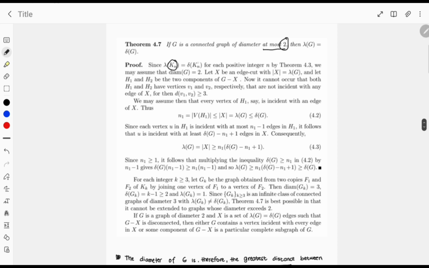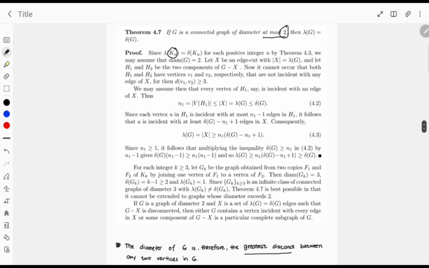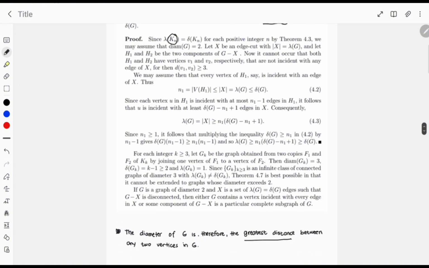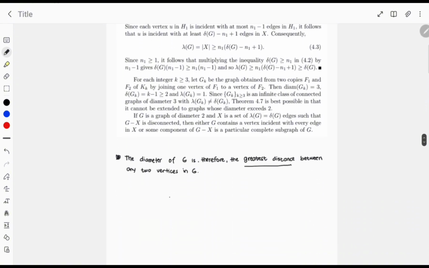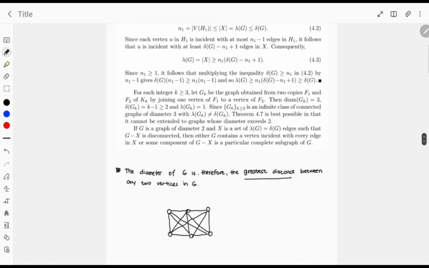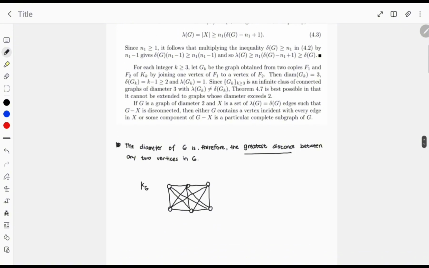Now, let's be clear for a complete graph. In a complete graph, every vertex is adjacent to every other vertex. So this one is connected, also this one. This is an example of K6.